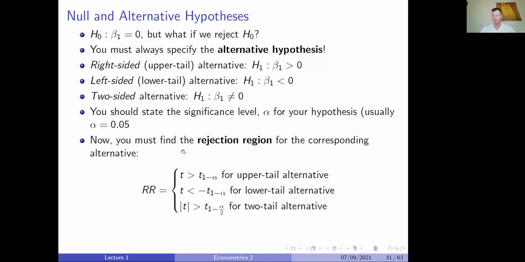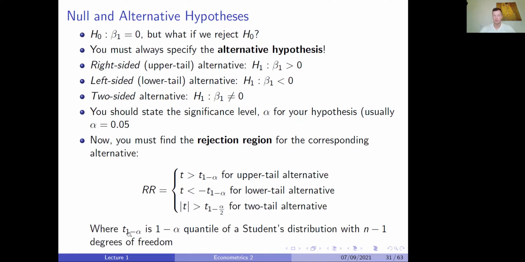So if alpha is 5%, then it's the 95% quantile. For the lower tail alternative, t must be less than minus the 95% quantile of a Student distribution, and for the two-tail alternative, the absolute value of t must exceed the t 1 minus alpha over 2 quantile. So now it's going to be the 97.5% quantile of a Student distribution.